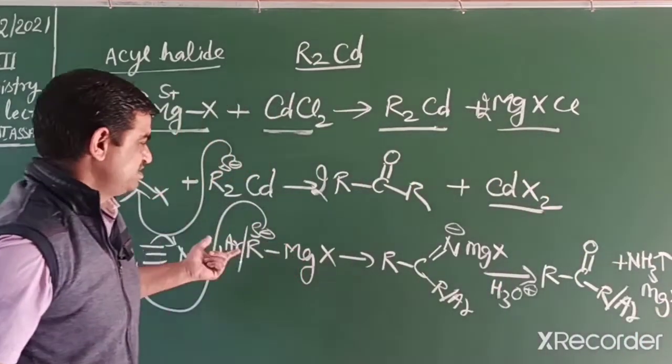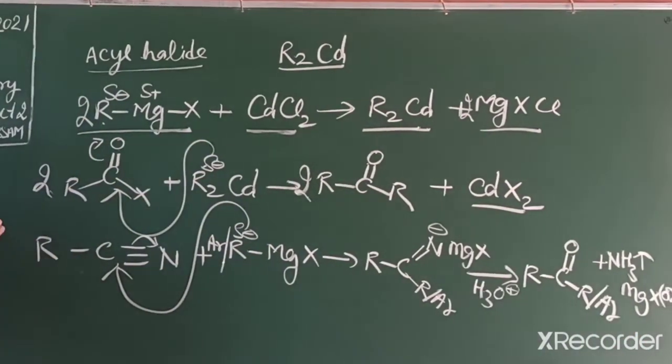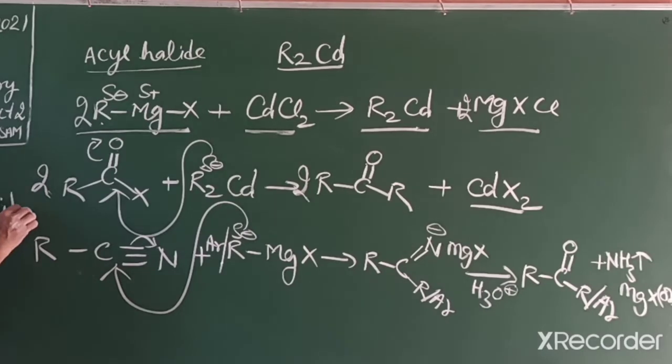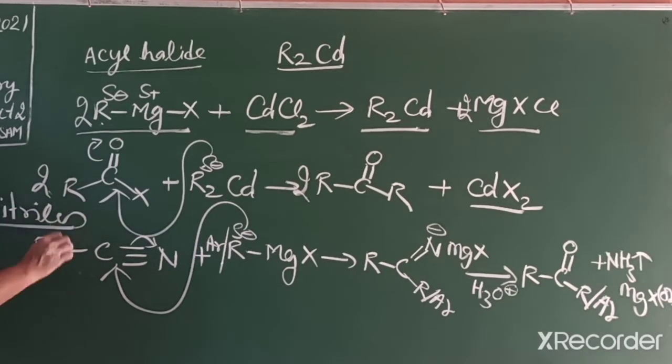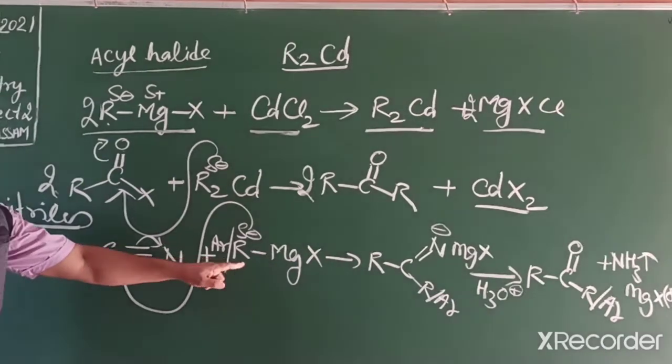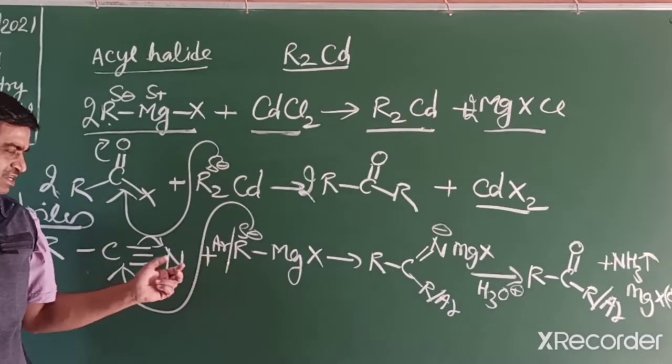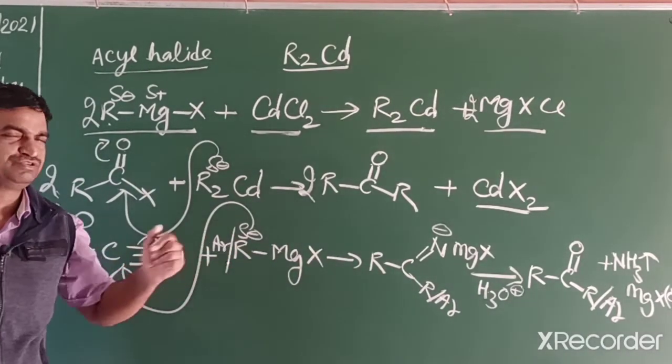So from nitriles we can also prepare ketones using Grignard reagent. If we use Grignard reagent, then nitriles convert into ketones.